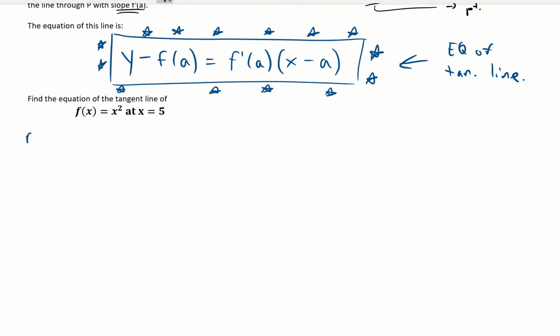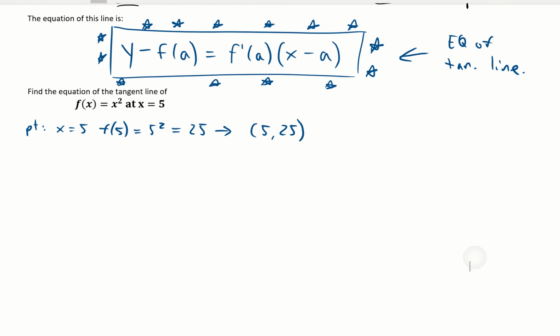First of all, let's find our point real quick. I know that the x-coordinate is 5. How am I going to find the y-coordinate? Right, I'll plug 5 in. F of 5 will be 5 squared, right? Our function is x squared, and that equals 25. So our known point is 5 comma 25.